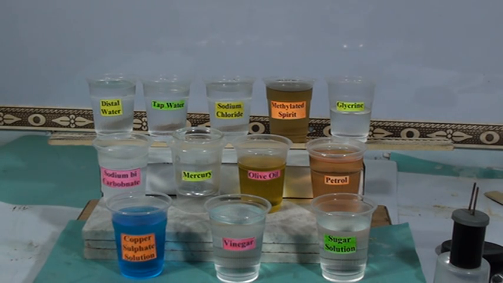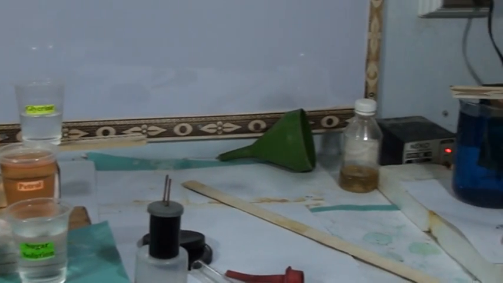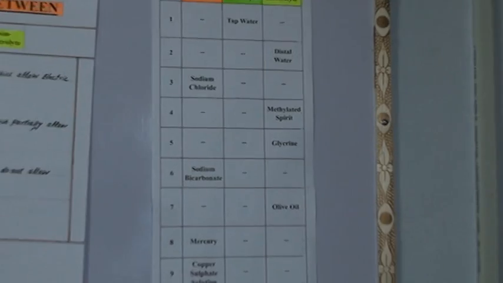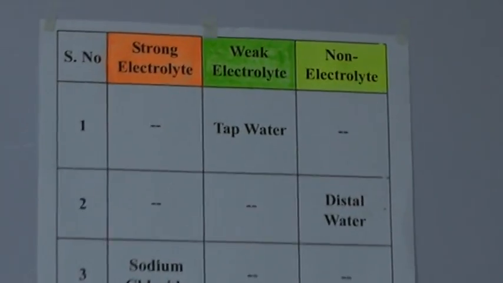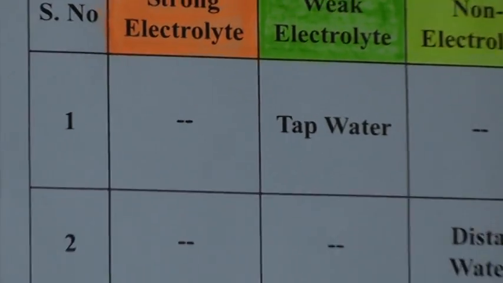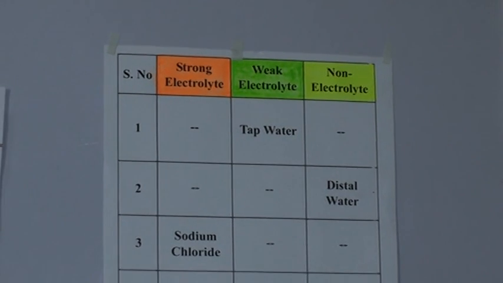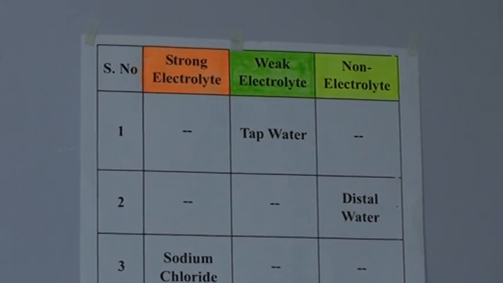Now we are going to prepare a table for these three categories. Now let us see the three categories of these substances.